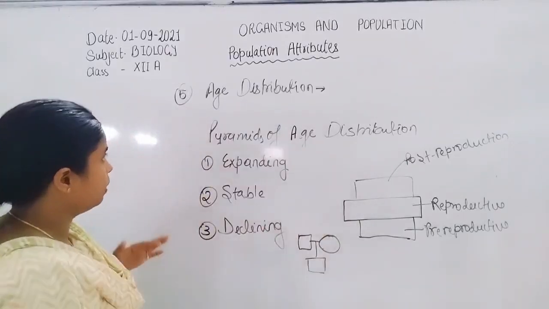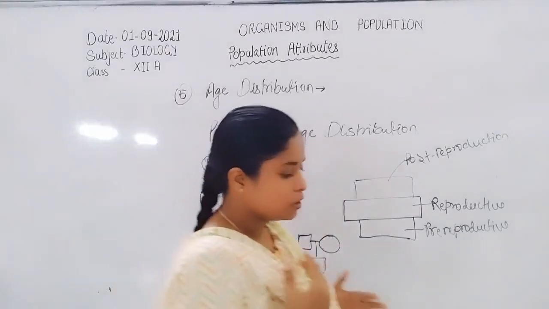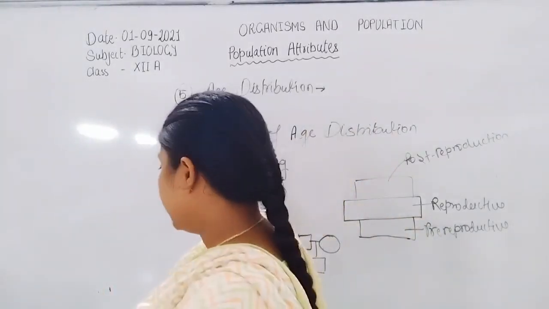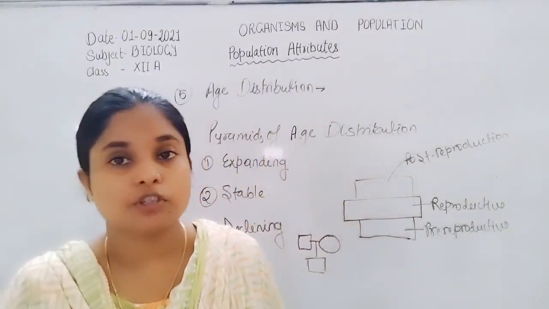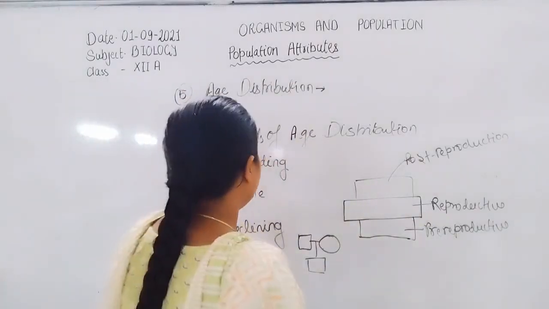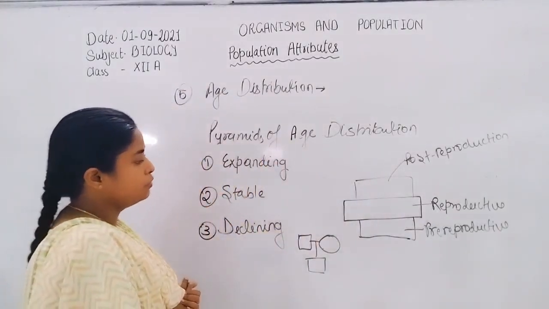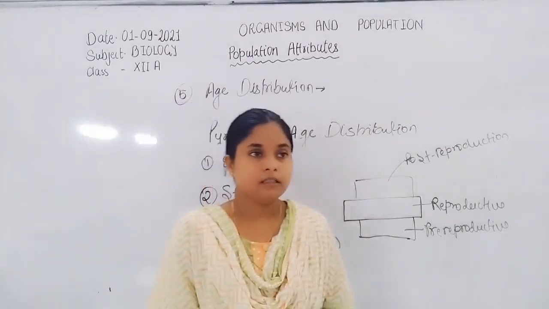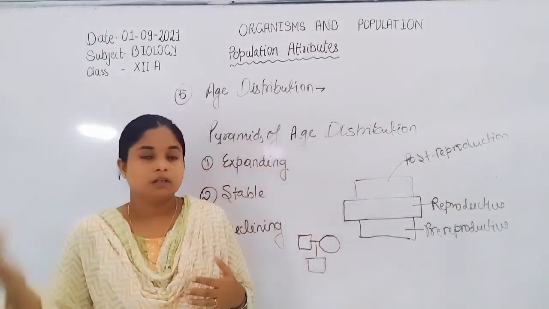Here is all about the population attributes: the death rate, birth rate, sex ratio, and population distribution. What is death rate? It is the number of individuals lost by death per unit time.